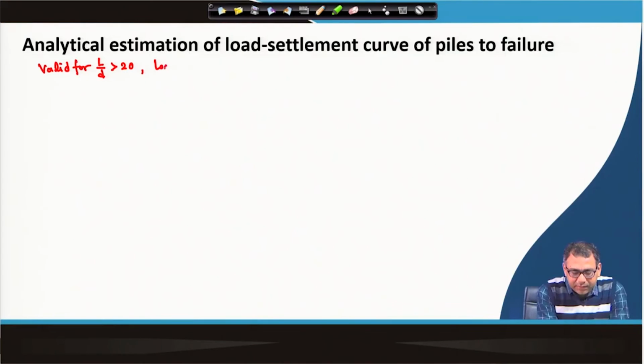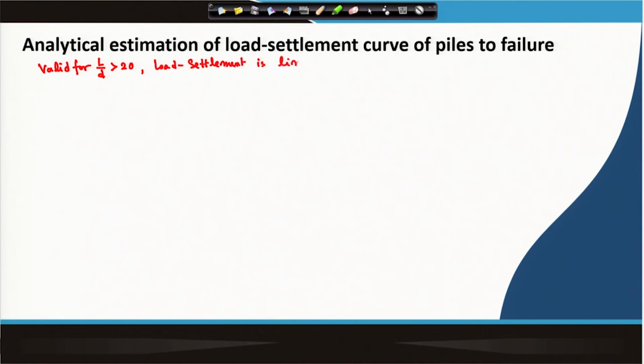and load settlement is linear until 50 to 70% of the failure load.